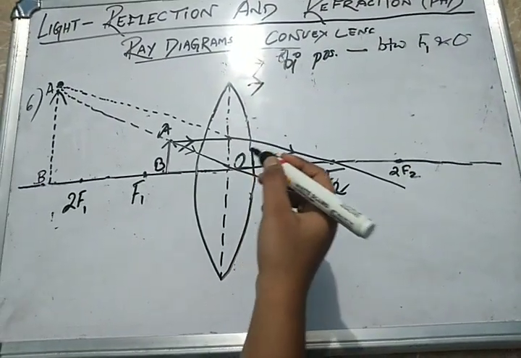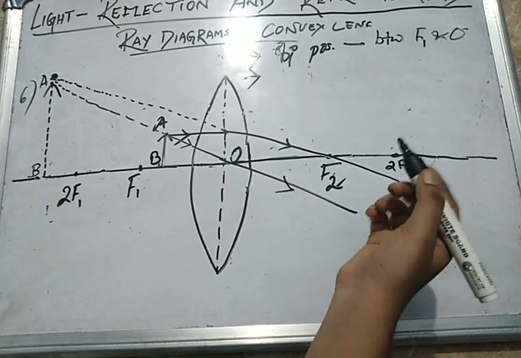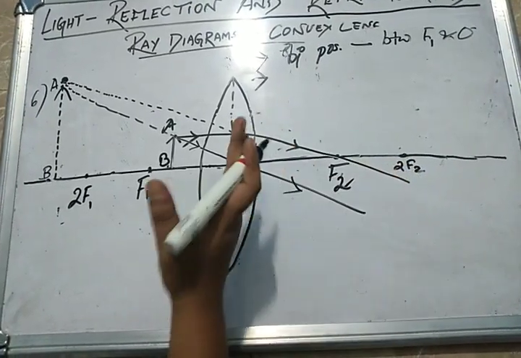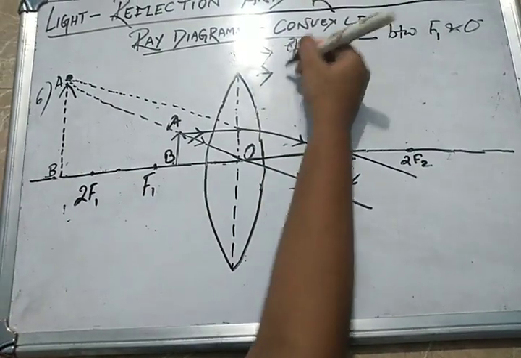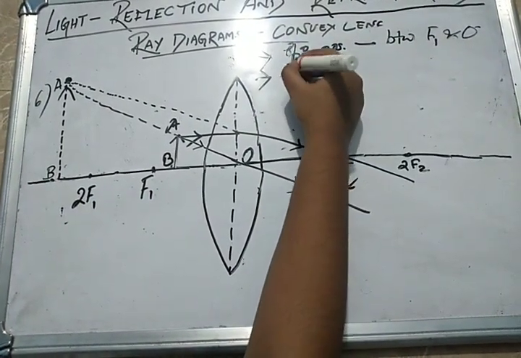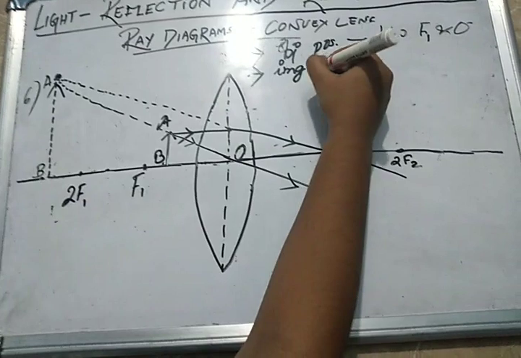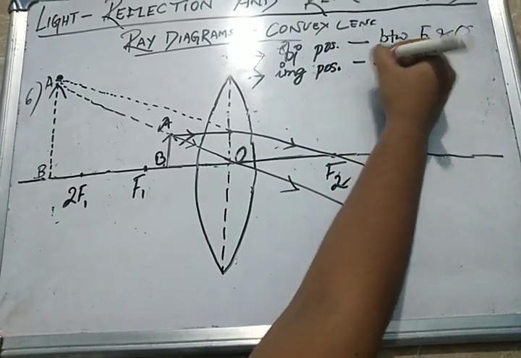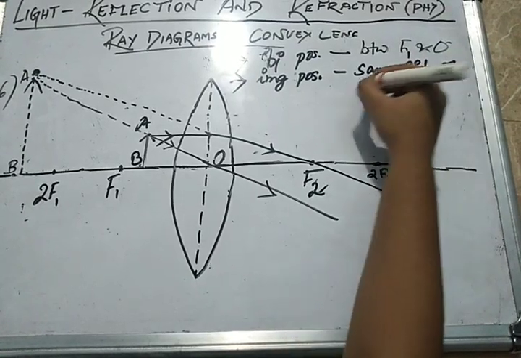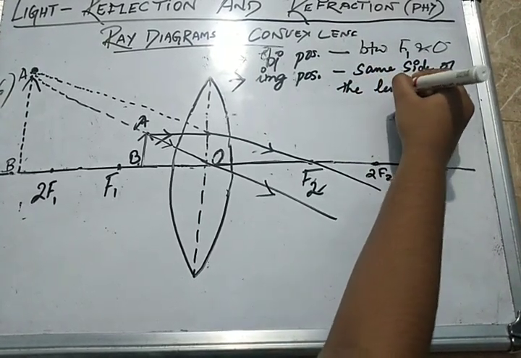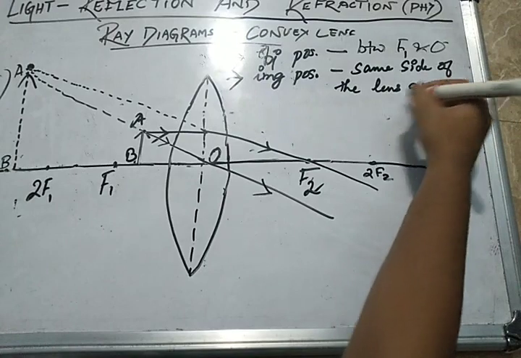Second one, where is the image? Where is the image formed? It is formed on the same side of the lens as the object. Image position, same side of the lens as the object.